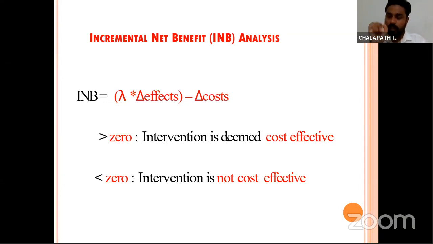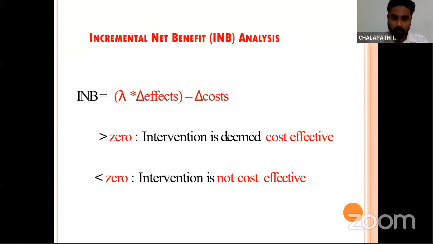So you are getting a benefit of 4,000 by paying 5,000 rupees. Is it cost effective? It is not cost effective. That is why when this difference is less than 0, the drug is not cost effective. Did you get that point?